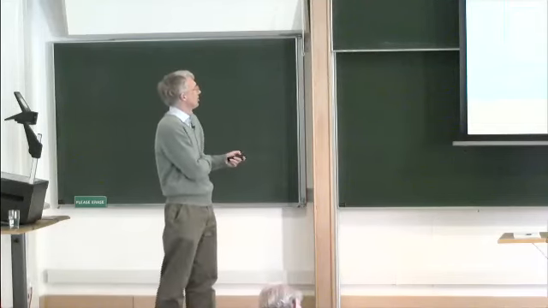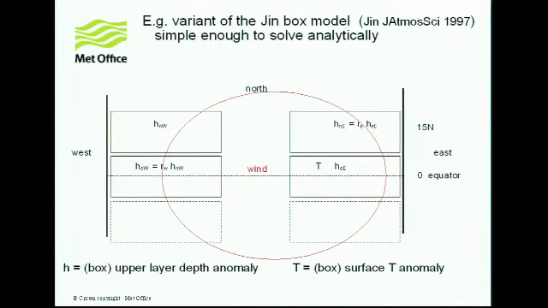So his approach was just to reduce the ocean down to a few representative boxes in the equatorial area, in the off-equatorial region, and take averages over, say, the East Pacific, East Equatorial, West Equatorial Pacific, and you would have one temperature variable to represent what's going on in the equatorial Pacific, and you would have some representation, a wind anomaly proportional to that temperature anomaly, which influenced not just the equatorial region. I've drawn this big circle because the winds with the atmospheric radius of deformation extend well off the equator and influence what's going on in the off-equatorial regions as well.